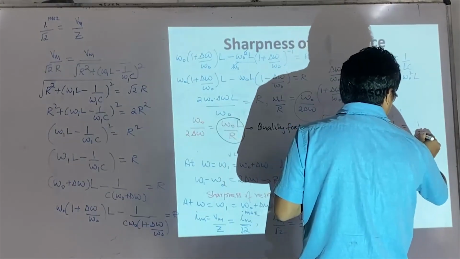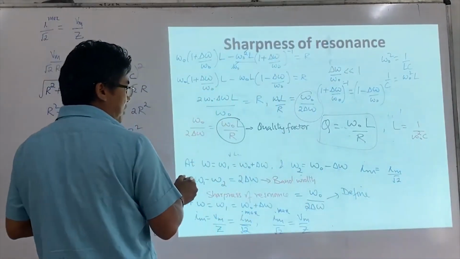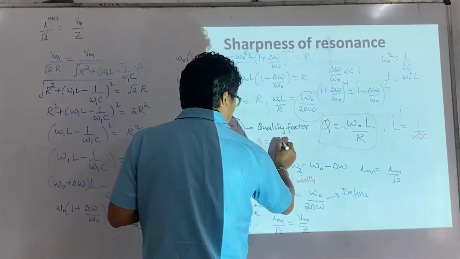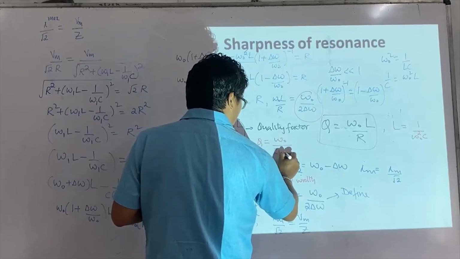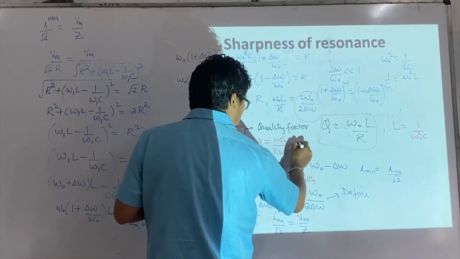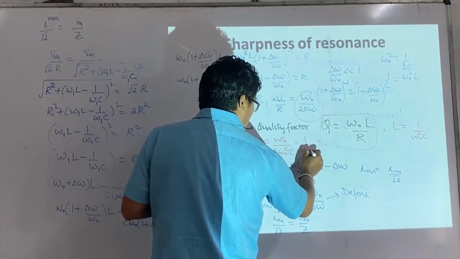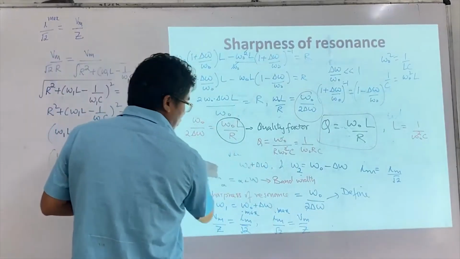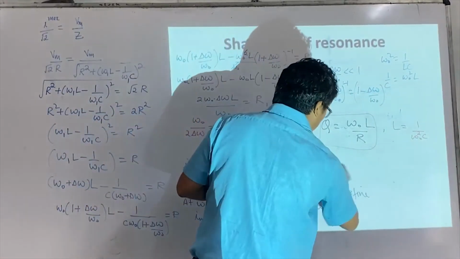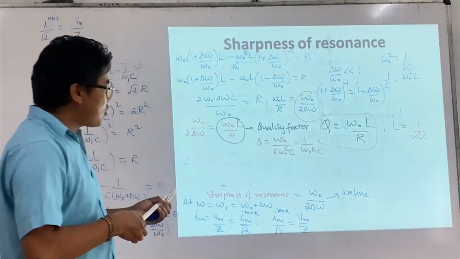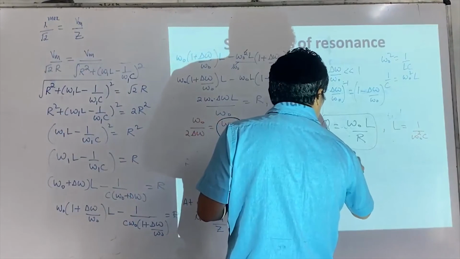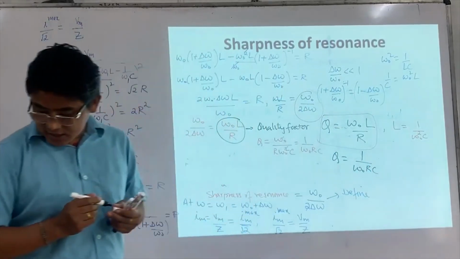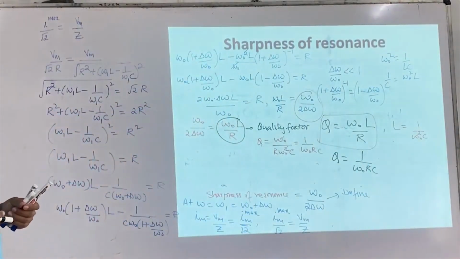This is L. Having substituted L, I say Q is going to be omega naught divided by R, and omega naught square C cancels out, giving 1 by omega naught R C. So in terms of capacitance, the quality factor is defined by 1 by omega naught R C.